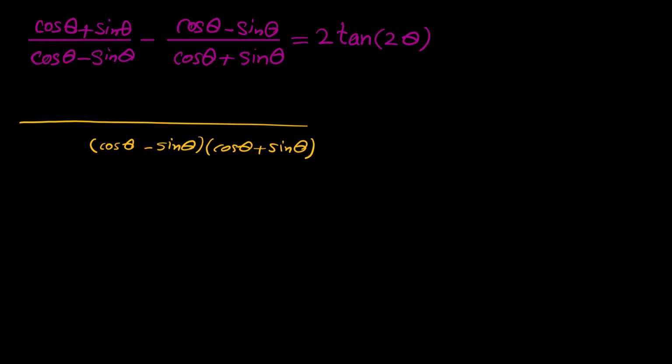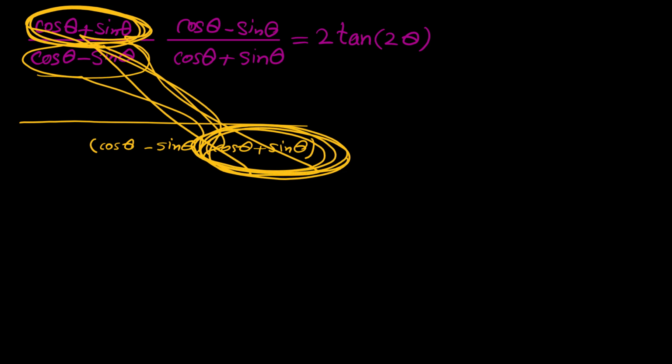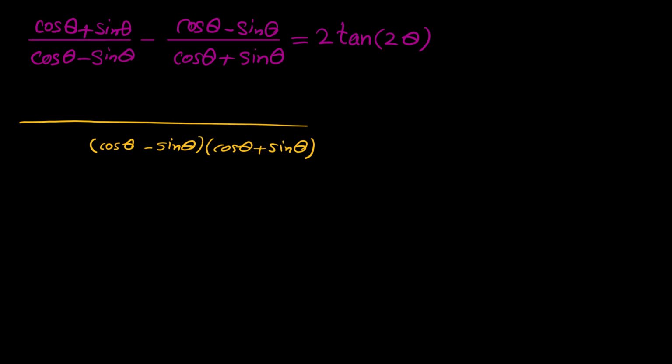By this common denominator, we had this denominator here. Now we have multiplied the denominator by this, so we have to multiply the numerator, which is this, by this as well. Cosine theta plus sine times cosine plus sine would be cosine plus sine to the power of 2. But I prefer to write it as cosine plus sine times cosine plus sine, because maybe we don't know the rule for a plus b squared, so we prefer to multiply the brackets by each other, not raising the bracket to the power of 2.